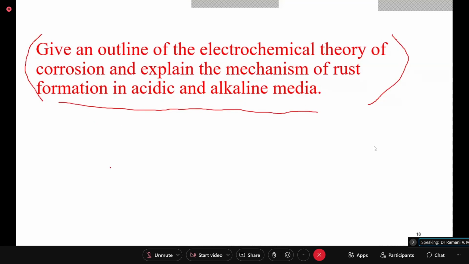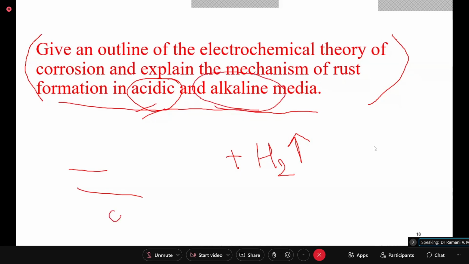If you have an acidic medium, then liberation of hydrogen takes place at the cathode. Where an alkaline medium is there, then reduction of O2 takes place and leads to formation of rust.